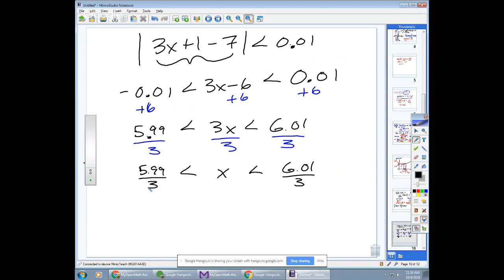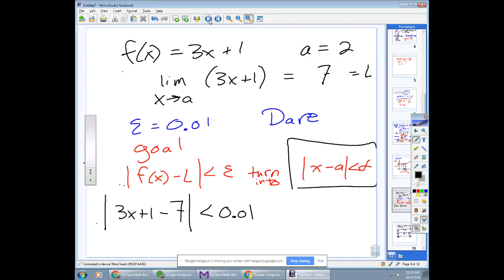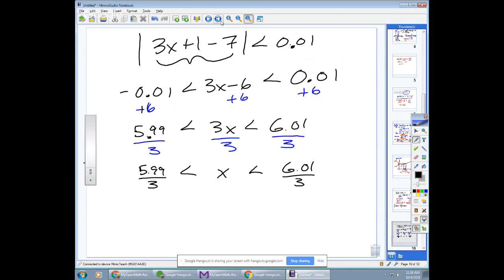All right. I'm trying, again, to get something that looks more like that right there. So I need to get that minus a in there. Okay, what's a here? 2. All right, what do I do next to this? Minus 2 from everything. So minus 2, minus 2, minus 2.